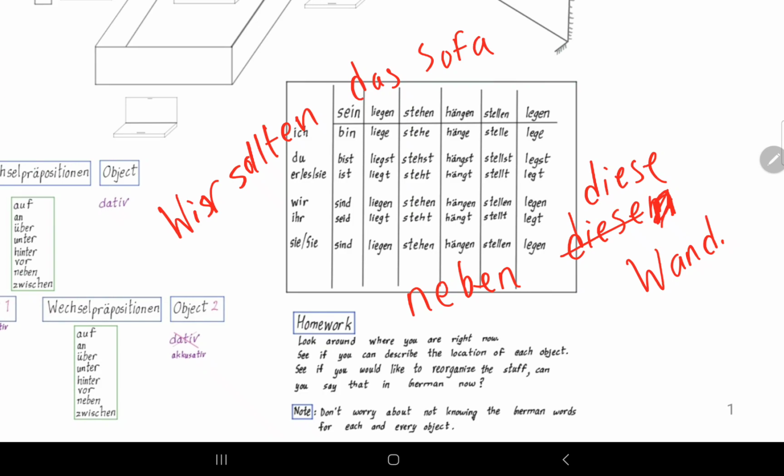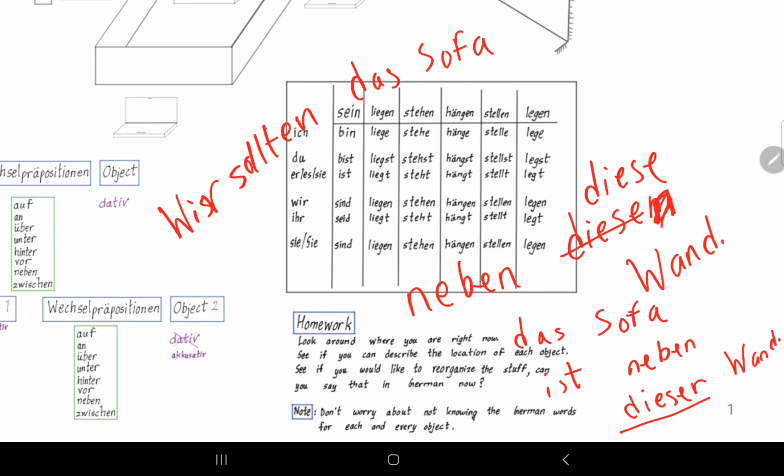Now, if you have moved the sofa and you want to describe that the sofa is next to this wall, so: das Sofa ist neben, and it will be dative this time, so the one becomes dative, dieser. So here it is diese, here it is dieser. Okay, I hope it is obvious.